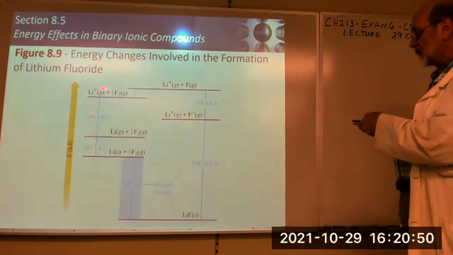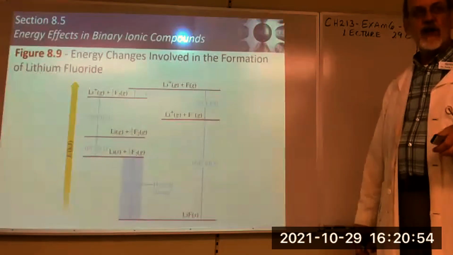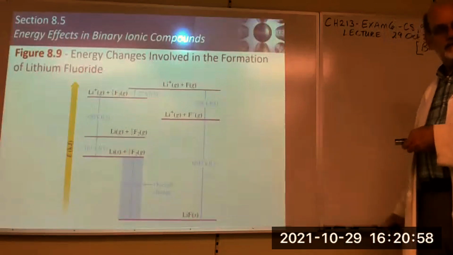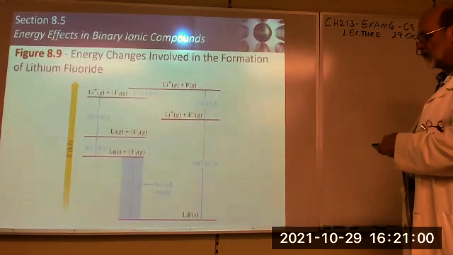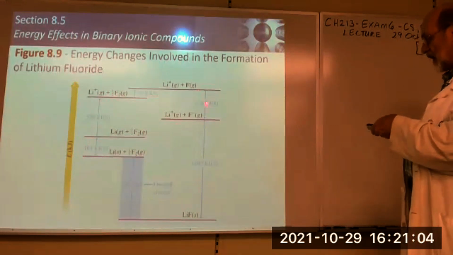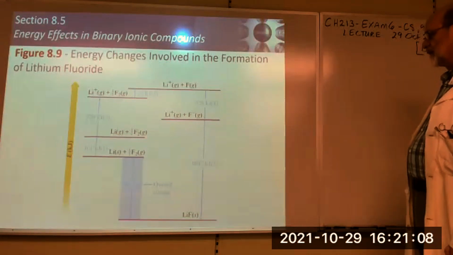And that's where we add these steps together. Now, the reason we can do that is the same reason that Hess's law works, because this is a state function. Enthalpy is a state function. So it doesn't matter how you get there. You can take as many steps as you need, just add them all together, and you end up at that same location.